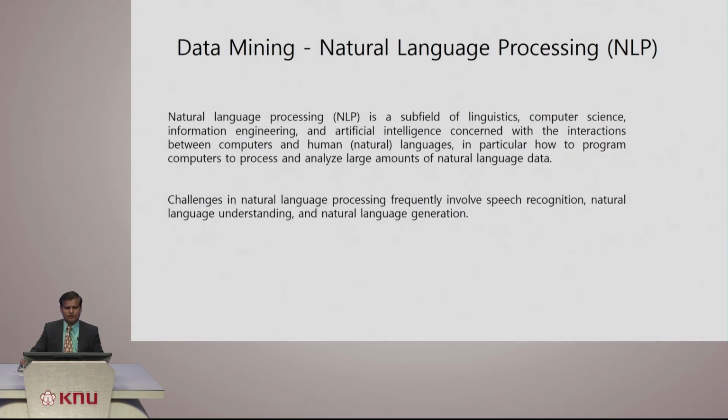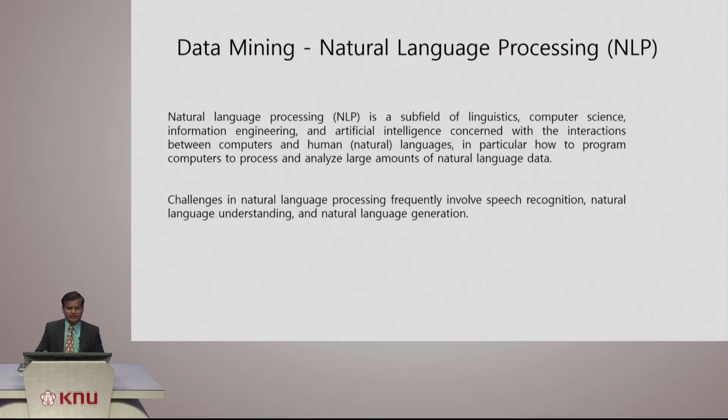So this is the general outline of data mining, and we are going to look at one example of how this can be done. Data mining is used in many areas, and one place where we use it is natural language processing. Natural language processing is a subfield of linguistics, computer science, information engineering, and artificial intelligence.